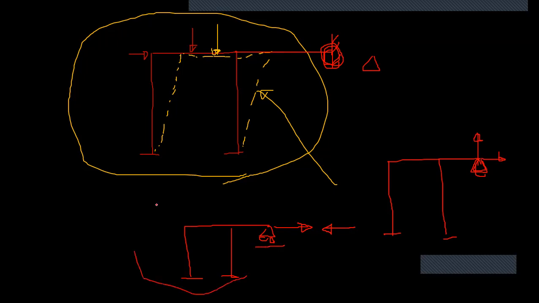So this frame will sway. The first condition is that the frame is allowed to move. Why does it move? Because it is allowed to move, so first you check that.